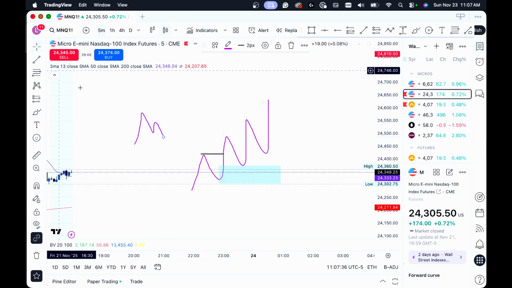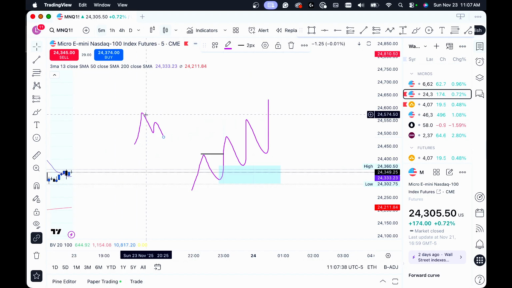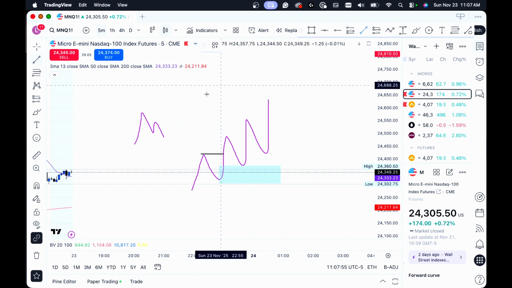Price didn't break this structure, so you don't draw no demand zone. Price is going to the downside, because they broke from the downside break of structure. You need price to break this break of structure right here.